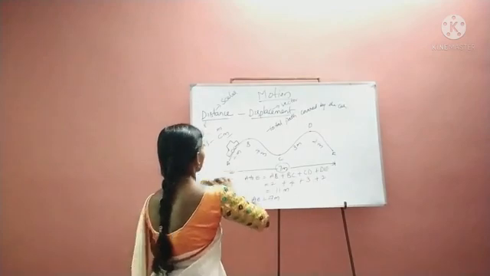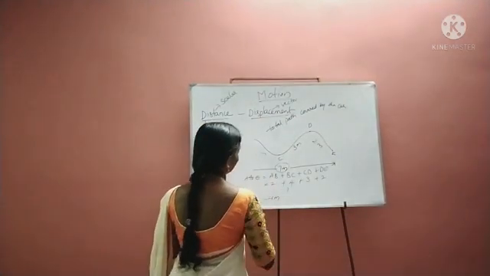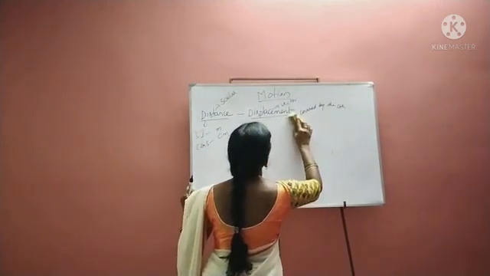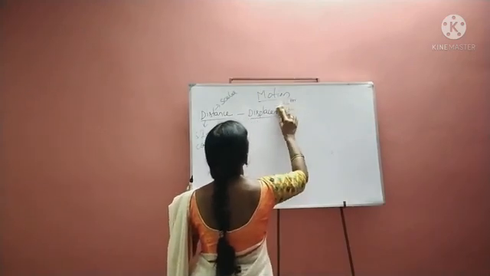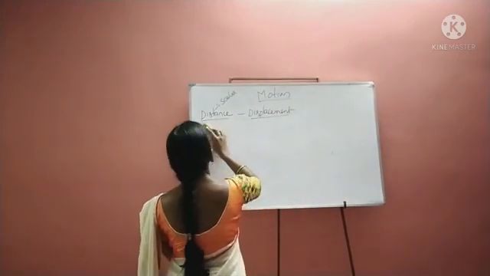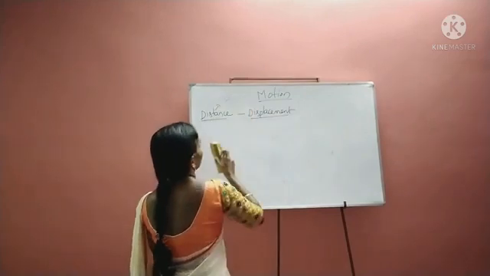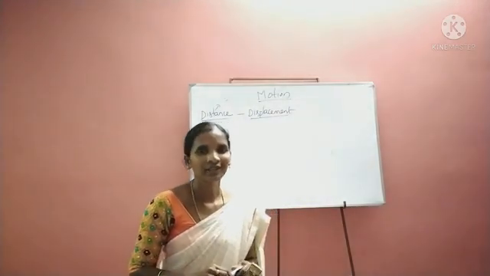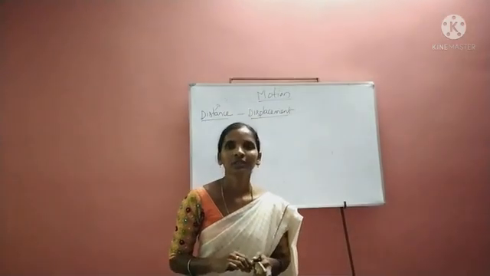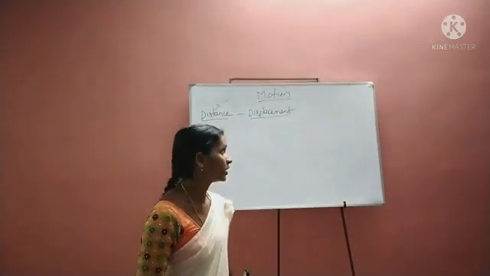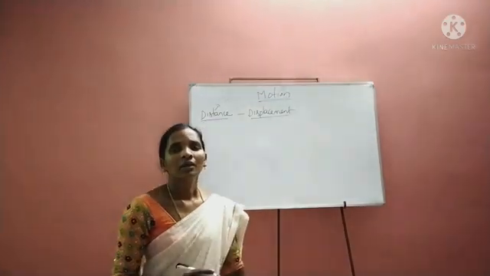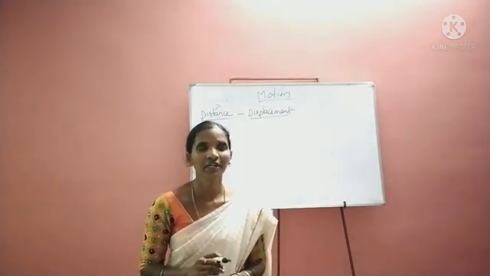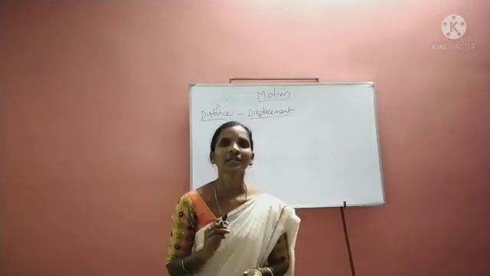Next, the difference between distance and displacement. Distance is the length of the path travelled by an object in a given time interval. Displacement is the shortest distance travelled by the object in a specified direction.